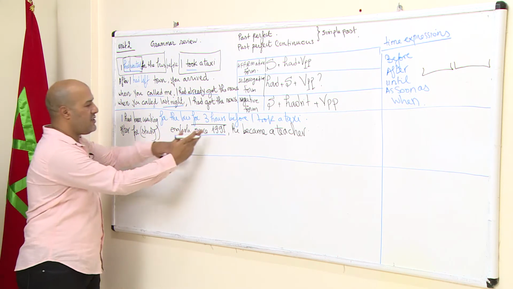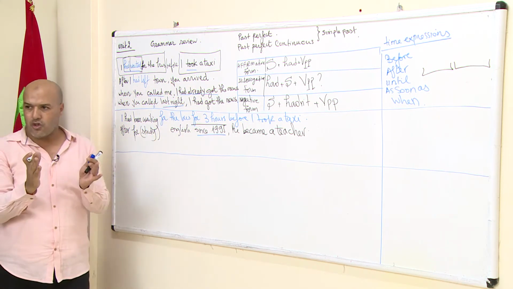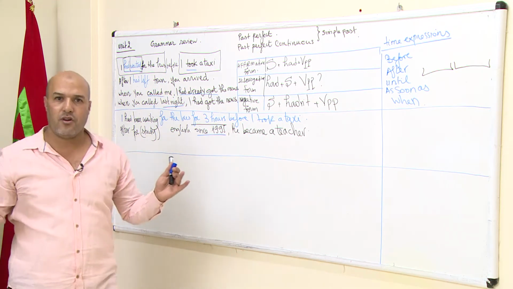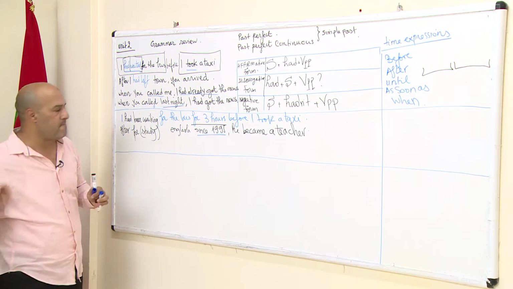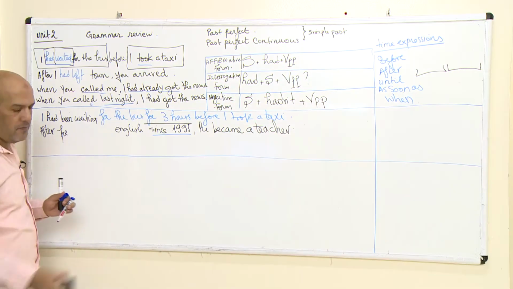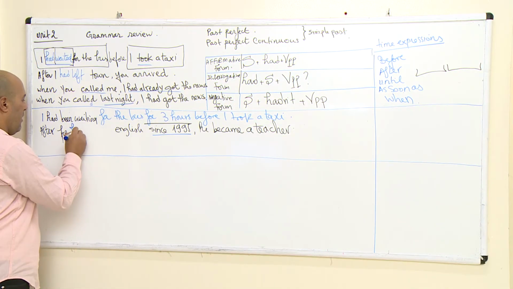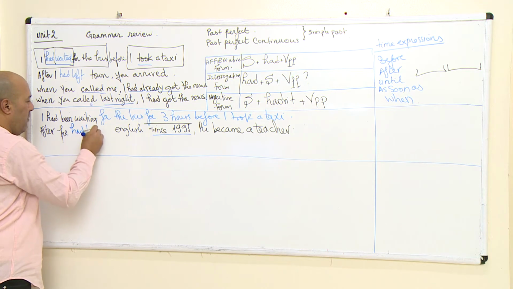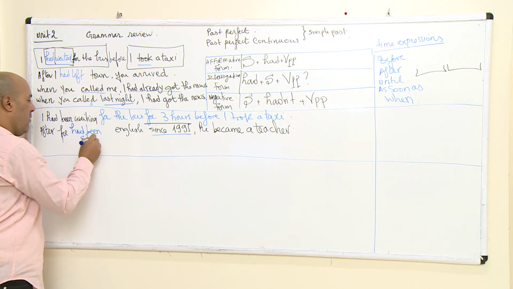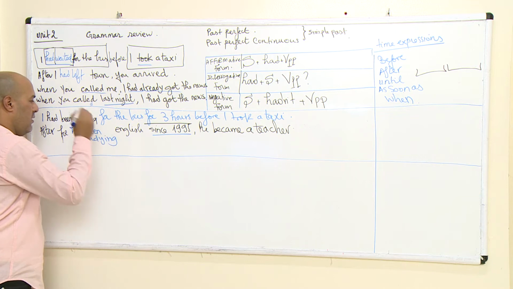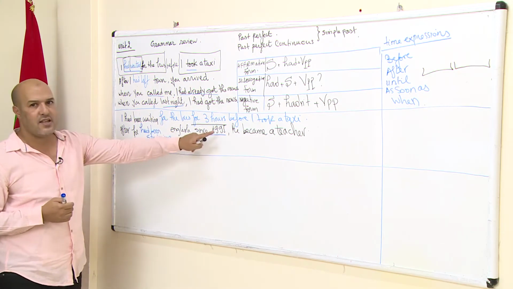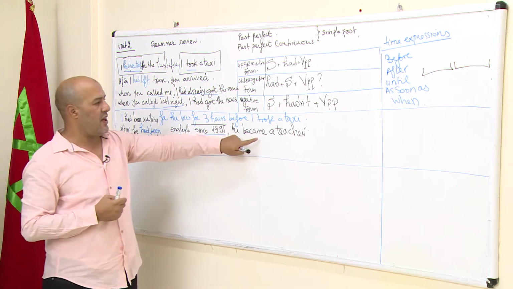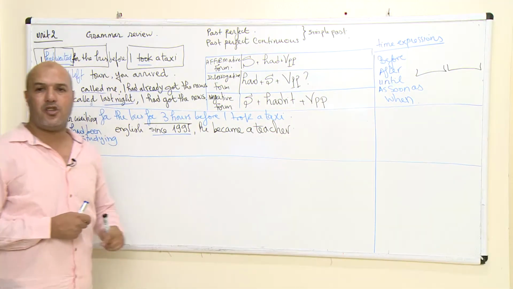So that indicates that the action of studying is not a short action, it's rather a long action, and here we should say he had been studying English. So he had been studying English since 1995. He became a teacher finally.